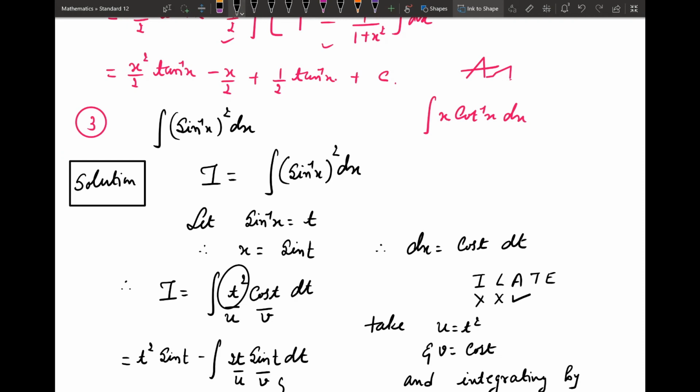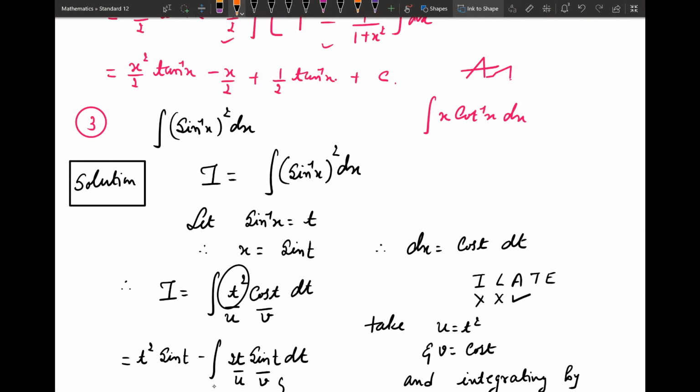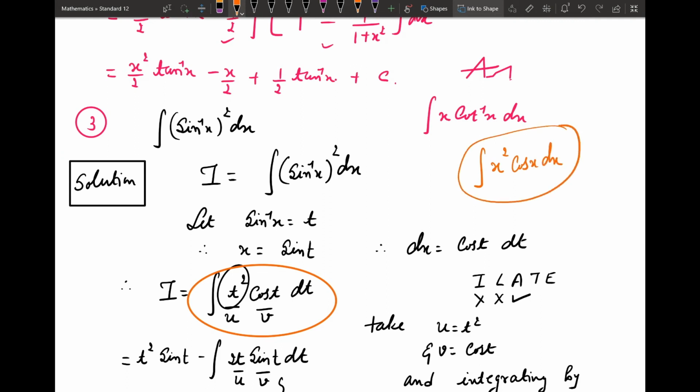So now the integration is converted into the form t square into cos t dt. So actually it is nothing but an example of the form x square into cos x dx. You know how to integrate, since x square is in the multiplication, it's a repeated use of by parts, but the answer will be in terms of t. So after integration you have to convert in terms of the original variable x.